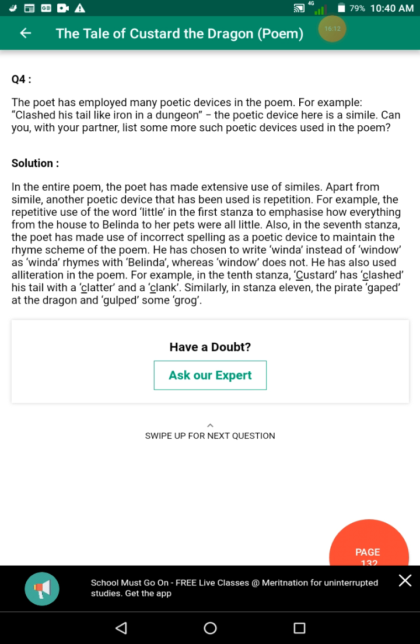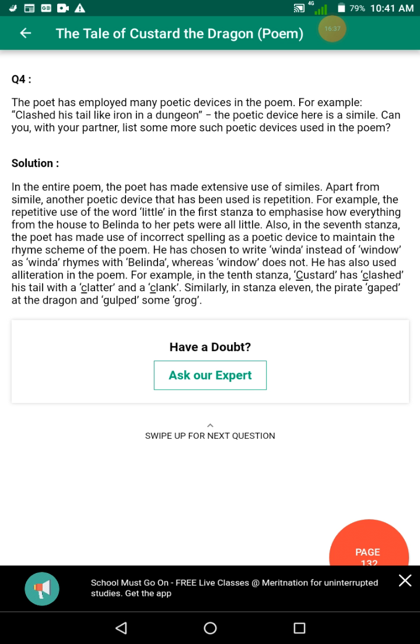We are bringing in this answer three things. Simile. The word little. Then the poetic device, incorrect spelling, made use of as the poetic device in order to maintain the rhyme scheme.